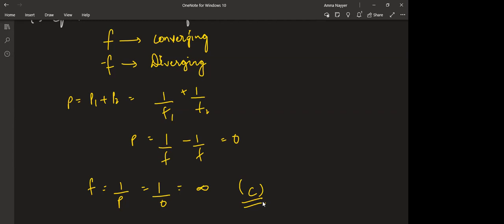Convex has a real focus and concave lenses have a virtual focus. Convex lens converges a parallel beam of light, while concave diverges a parallel beam of light. These also can be asked. Okay, note it down.